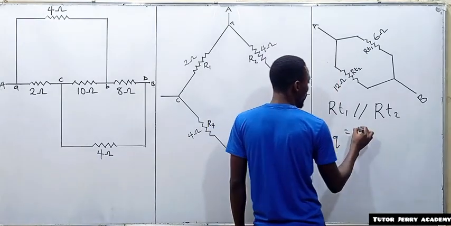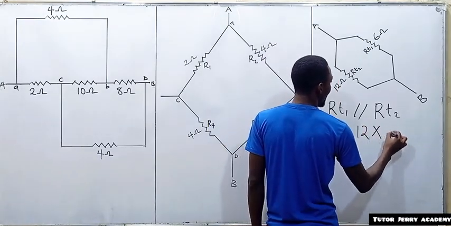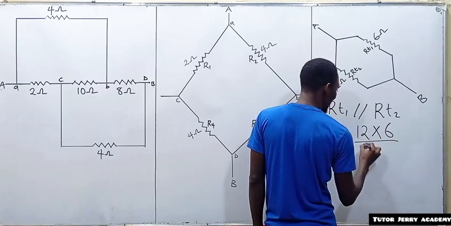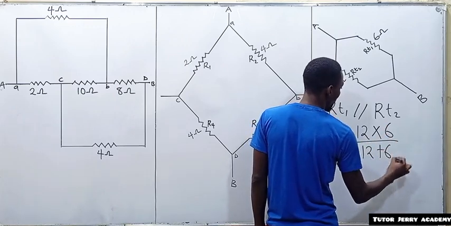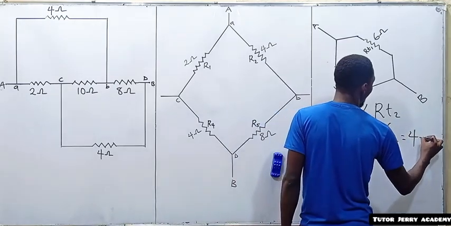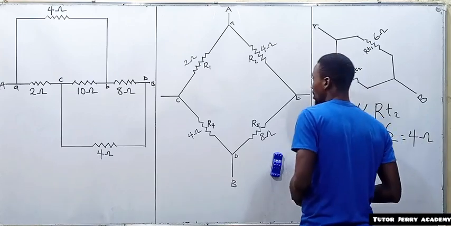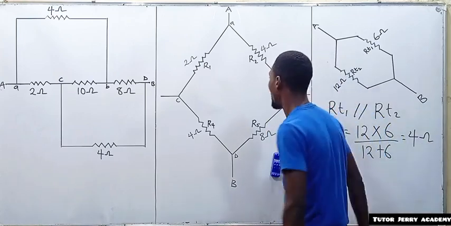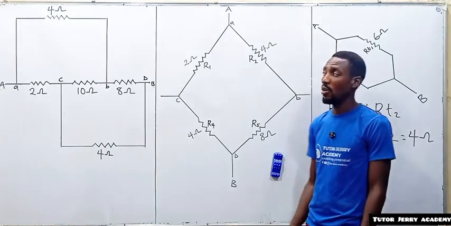So this is going to be 12 multiplied by 6 divided by 12 plus 6. By the time you solve your math, you're going to have your answer to be 4 ohms. So it shows that the solution to this circuit is 4 ohms.